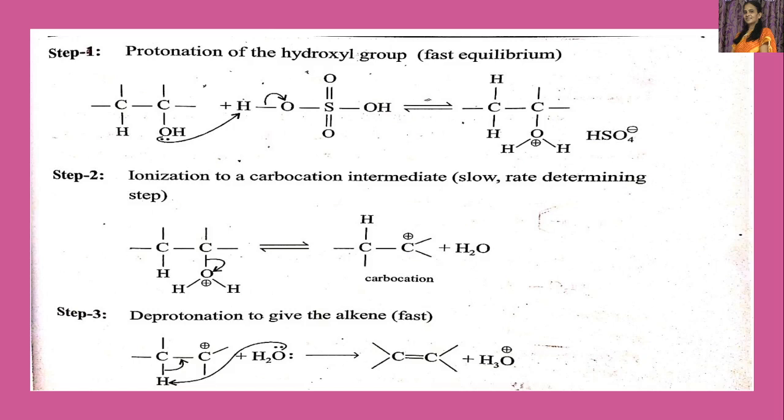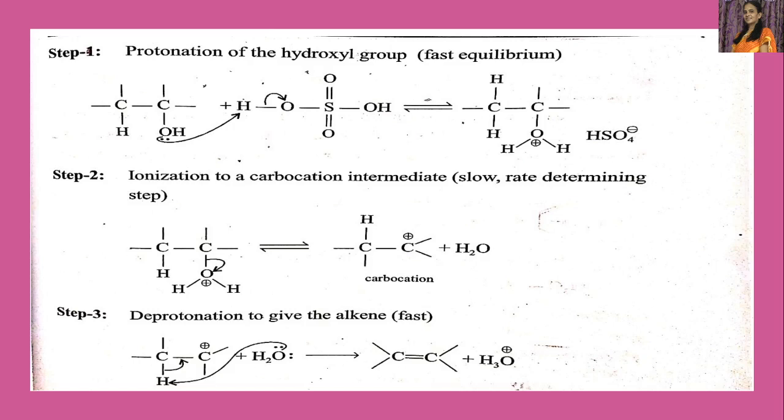Initially, what happens in the first step? This alcohol, with the help of a lone pair of electrons present on oxygen, undergoes protonation to form this ion. This protonation is because of the presence of the acid catalyst.